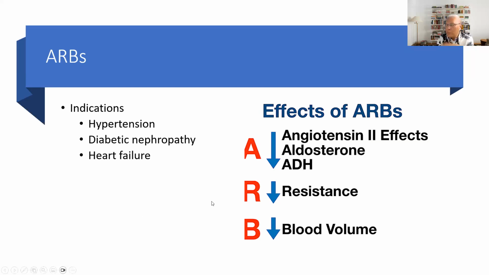Okay, so ARBs are going to be similar to the action of ACE inhibitors. Both of them, ARBs and ACE inhibitors, decrease the blood pressure, which therefore will decrease the amount of protein in the urine. And this will also help, therefore, delay the progression of renal disease, particularly in patients with type 2 diabetes.